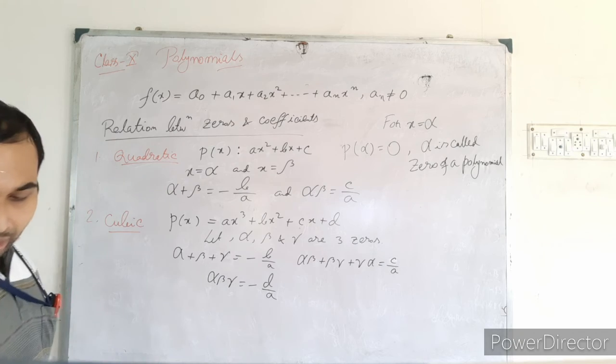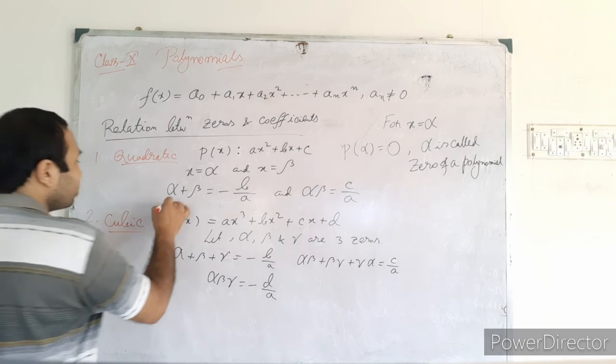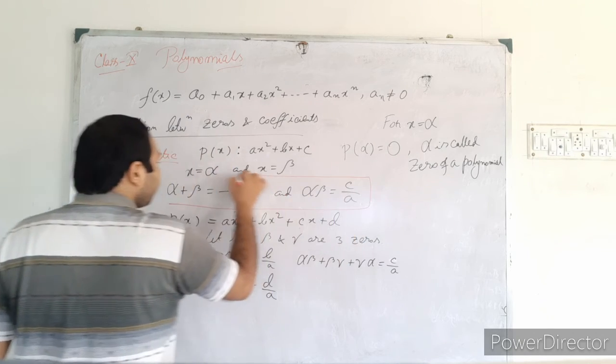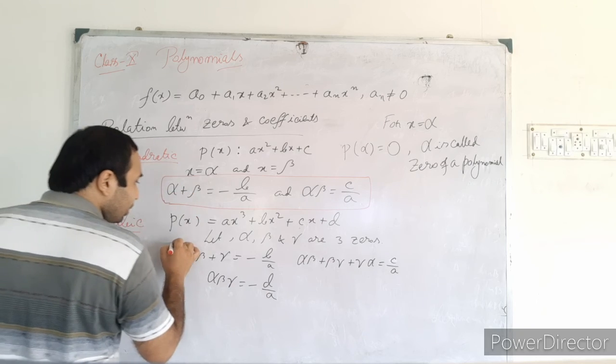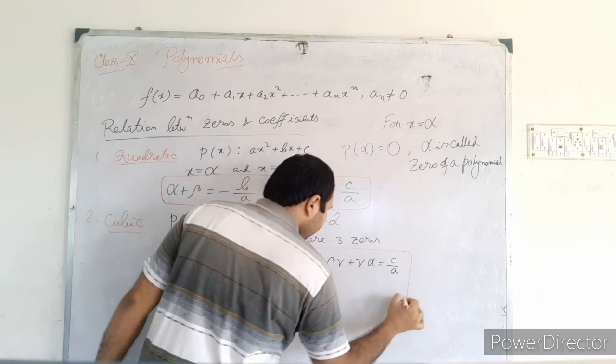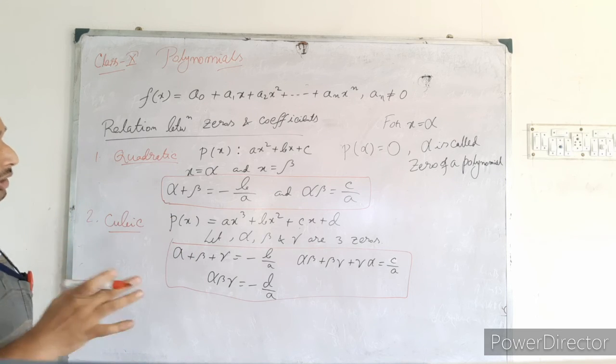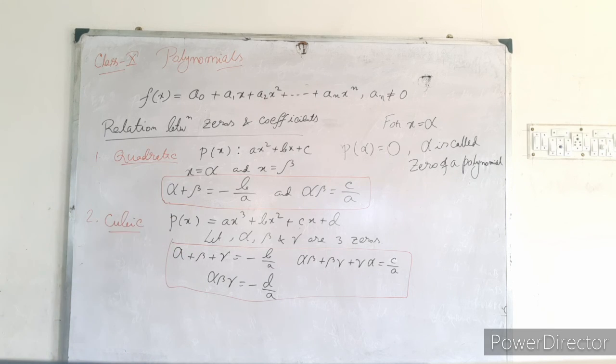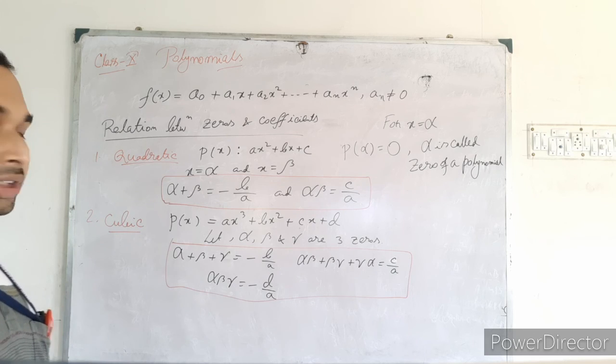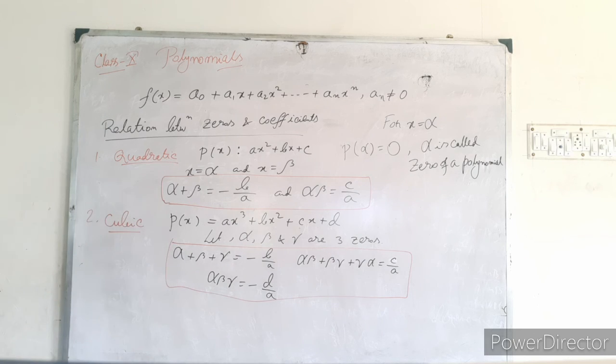Students, you have to memorize those two formulae very well, because they will be required for higher studies and also in the chapter on quadratic equations. In both cases those formulae are very important.